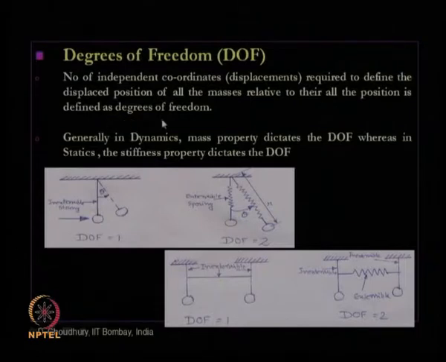We have seen the simple example of a simple pendulum like this, where degrees of freedom is 1 if it is connected to an inextensible string, but if we change that string to an extensible spring or extensible string, the degrees of freedom changes to 2. That means we require a minimum of 2 coordinates, this theta and this r, to define the position of this system at any point of time in space.